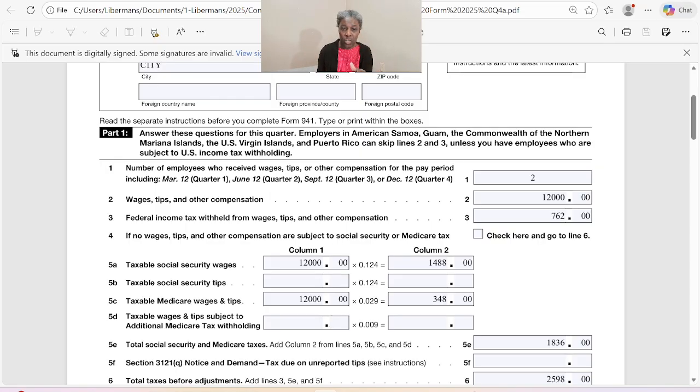And when it comes to here, it's not just one person, it's all the people that you are collecting additional Medicare tax from their income, is the total that you are going to put here.